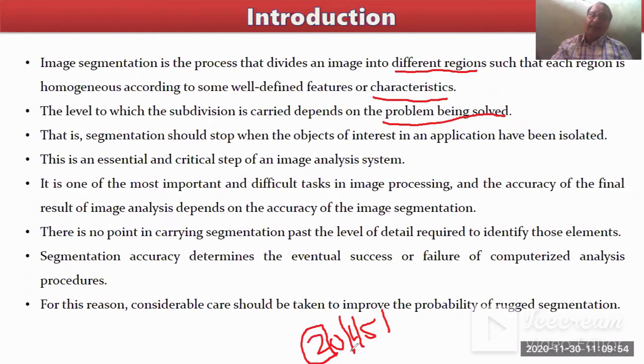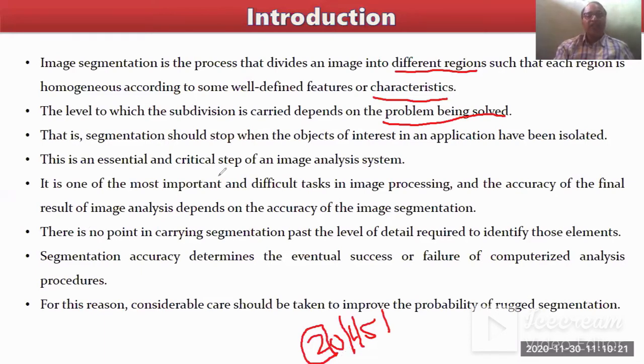What is our application? Our application is to identify the numbers, so we divide the image into different numbers. It is based on what type of analysis you want to do. Based on that you segment the image. That is image segmentation.